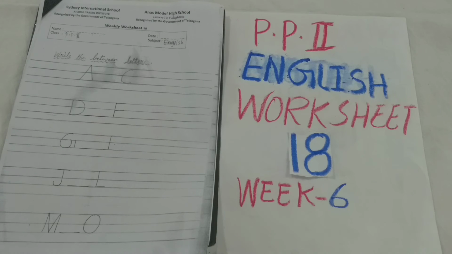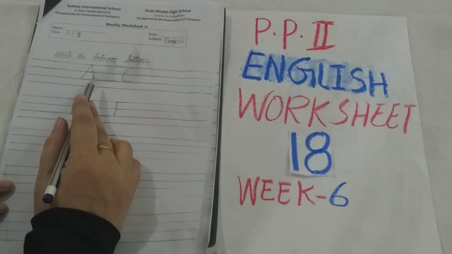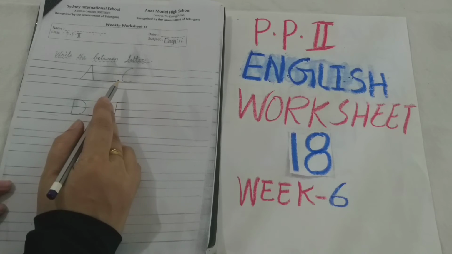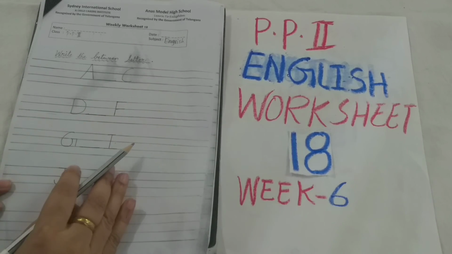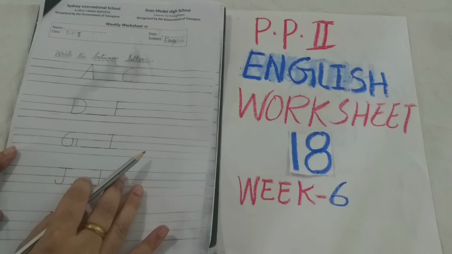So here, children, in your worksheet number 18, you have to complete your between letters. Okay? What you have to do in your worksheet number 18? Between letters you have to do. Okay? Now here A dash C. So A after and C before, which letter is correct?